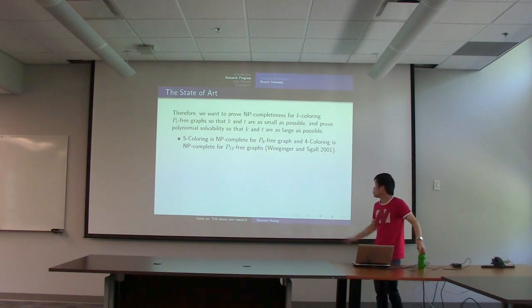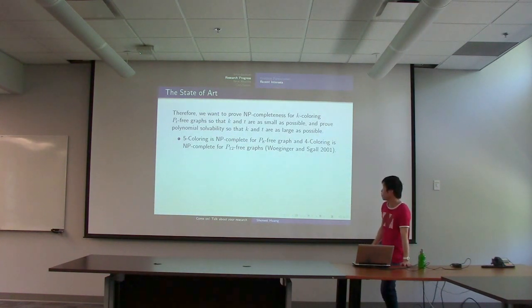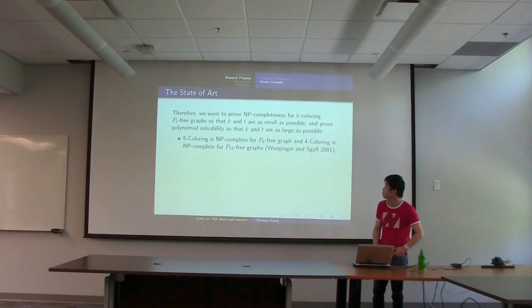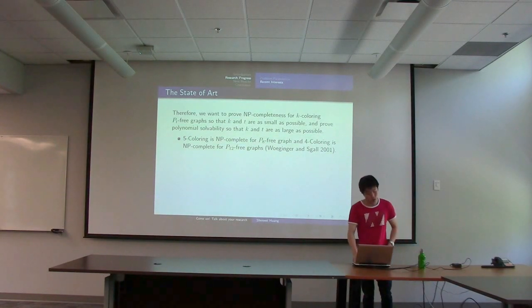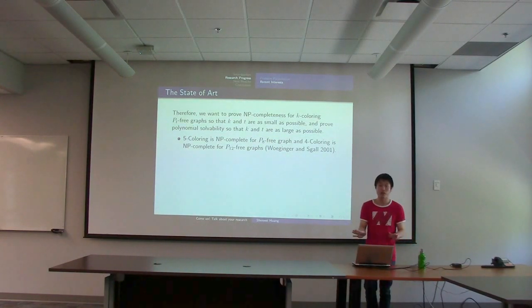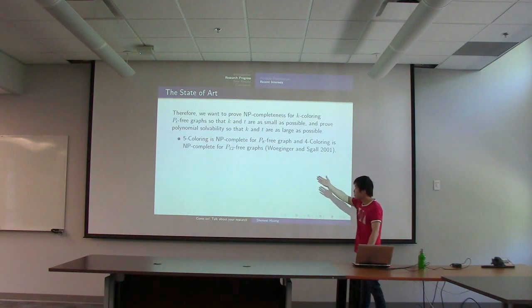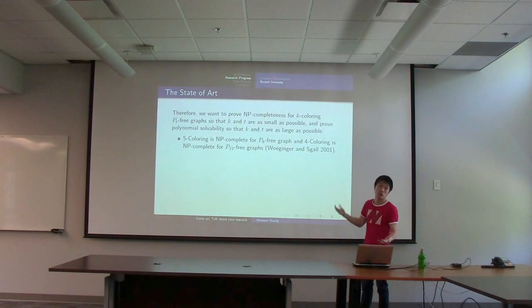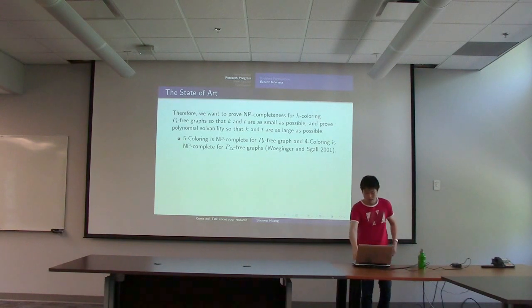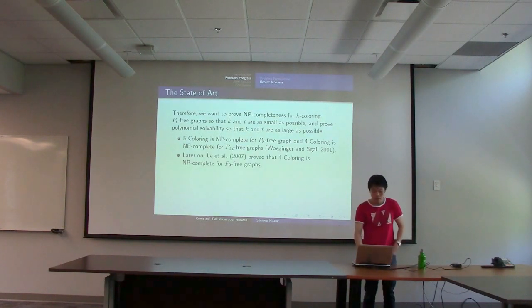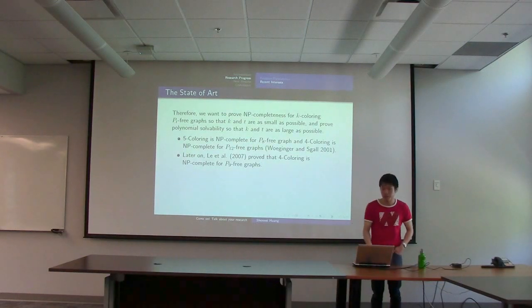Back in 2001, Hoàng and coauthors published the first paper on K-coloring P_t-free graphs. They proved 5-coloring is NP-complete for P8-free graphs, and 4-coloring is NP-complete for P12-free graphs, which is not bad. You can already see these K and t are not too bad. But later on, Le and coauthors proved 4-coloring is NP-complete for P9-free graphs.